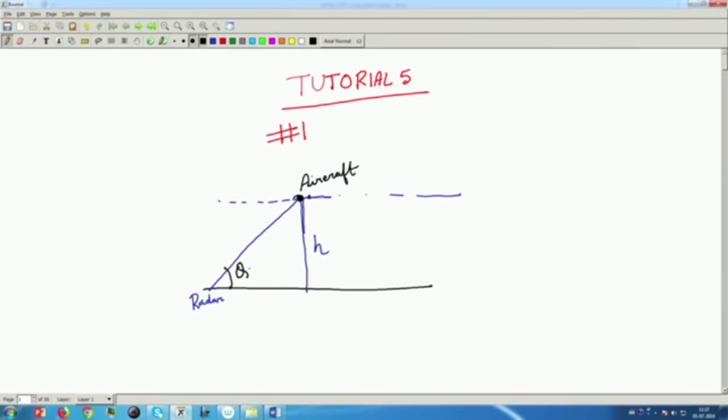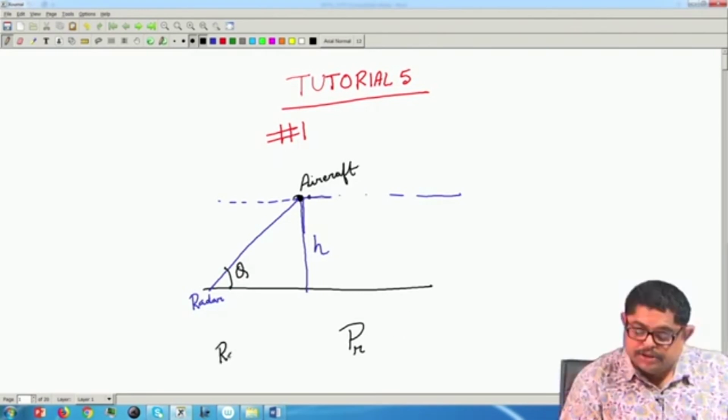What the question is saying is to show that PR is independent of the range, but we know from the radar equation that PR, you can find from the radar range equation.